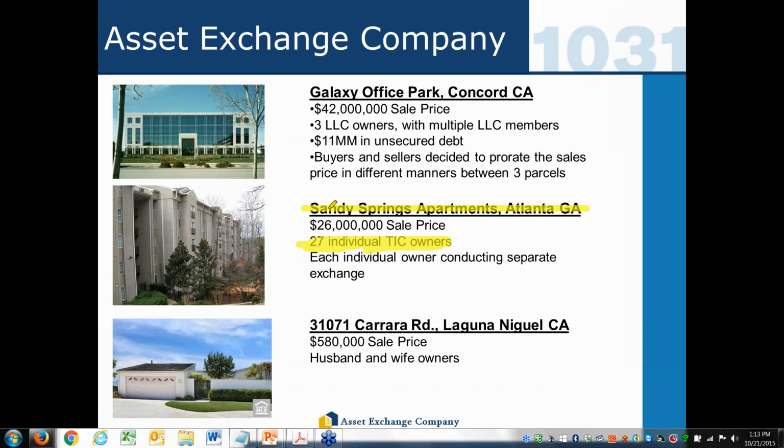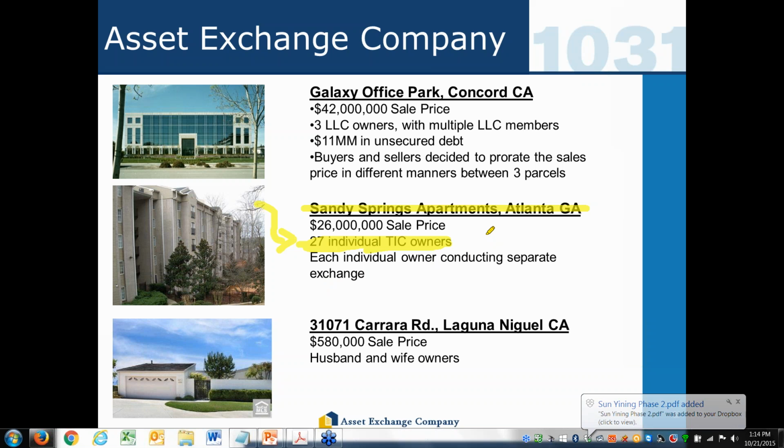Because of the way these people held title to the property, there were 27 individual taxpayers on title. When the property sold, every single one of those taxpayers could choose to do an exchange, or they could choose to pay taxes. The decision was their own. It didn't matter what the other owners were going to do.